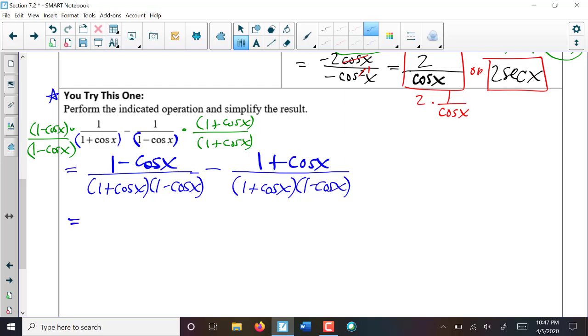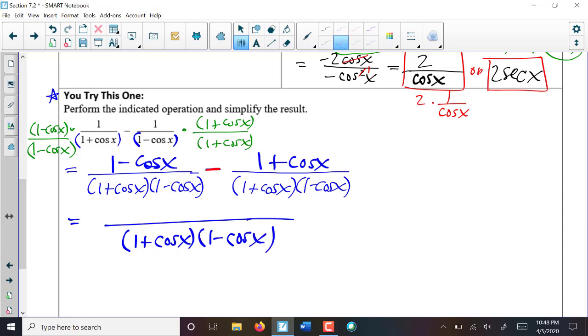All right, and then we're going to subtract, combine them into one fraction. Denominator stays the same, subtract the numerators. So be careful when you subtract. If you're subtracting more than one term, you got to make sure you distribute.